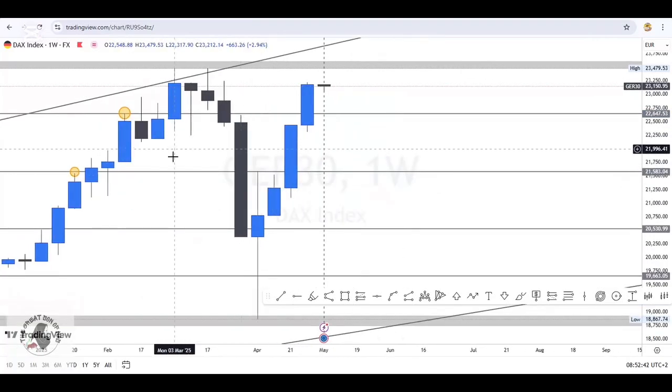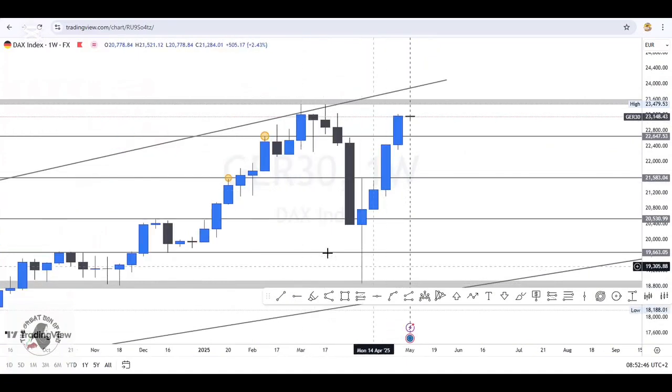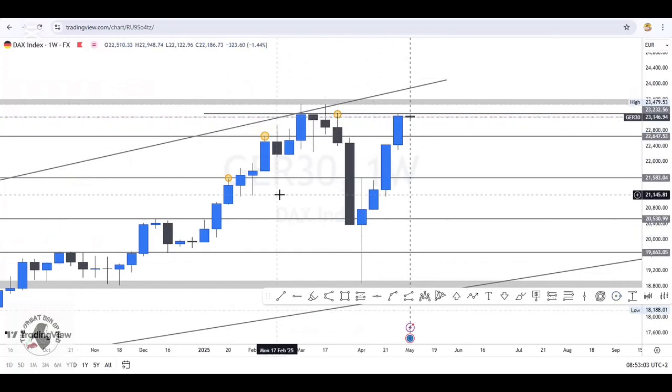For now we don't see anything else, but let me identify this point here, because this is a strong zone. The reason I'm saying it's a strong zone is that once it touched, the market reversed. Now we're no longer seeing anything else.